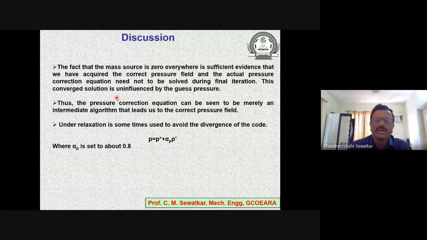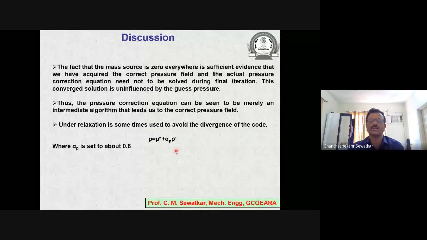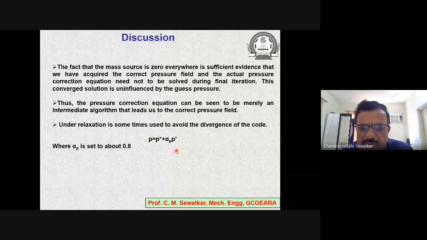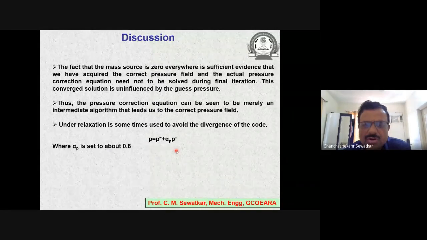In that case, some kind of under relaxation, or sometimes over relaxation, is used to avoid divergence of the code, and that is introduced like this: P is equal to P star plus alpha_P into P prime, where this alpha_P is set to somewhere around 0.8. Some kind of under relaxation is used so that divergence of the code is avoided.